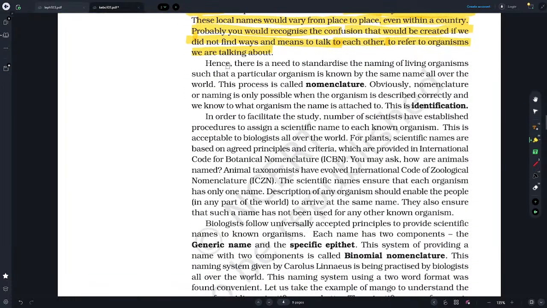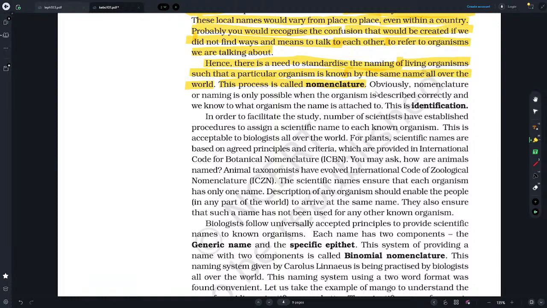Hence, there came a need to standardize the naming of living organisms such that a particular organism is known by the same name all over the world. This process is what we call nomenclature.